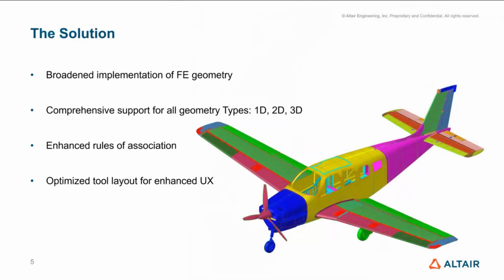So what we've done is broaden the implementation of FE geometry. We now support all geom types: 1Ds, 2Ds, 3Ds. We've added new enhancements for association, which we'll be covering very shortly. And then we've changed the ribbon layout to reflect this change.